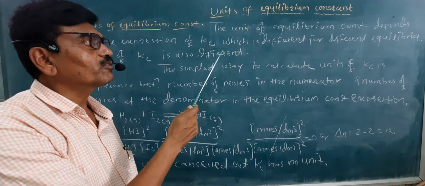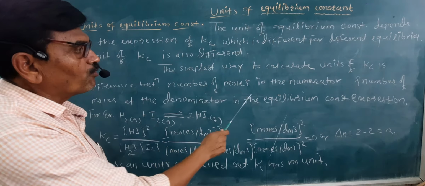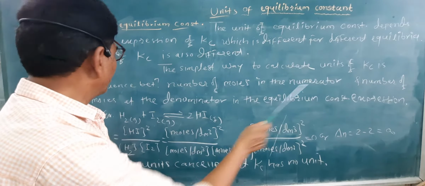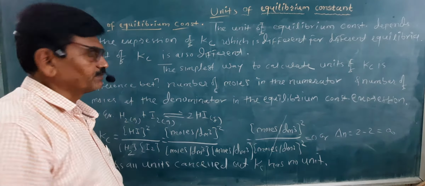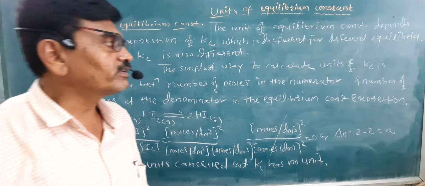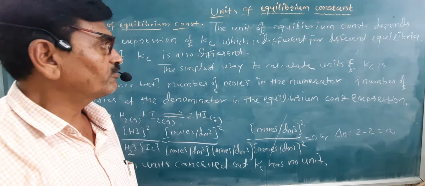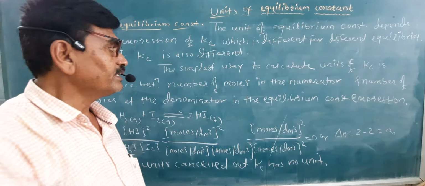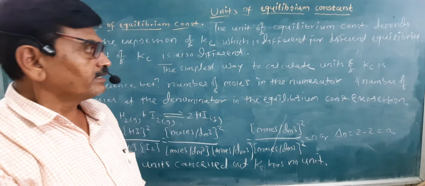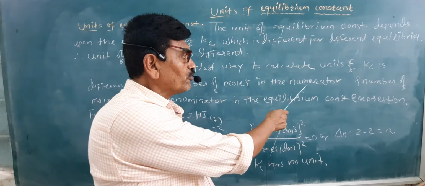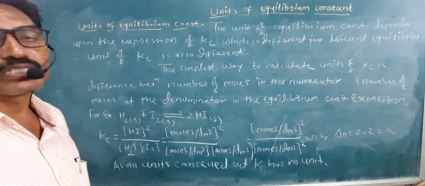One of the simplest ways to calculate the units of Kc is the difference between the number of moles in the numerator and the number of moles in the denominator in the equilibrium constant expression.